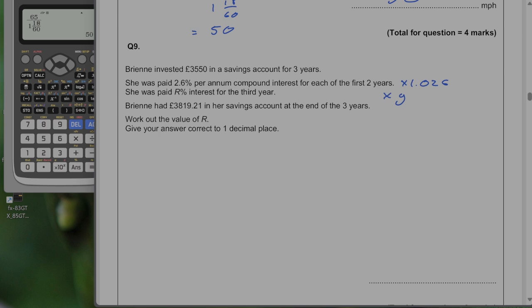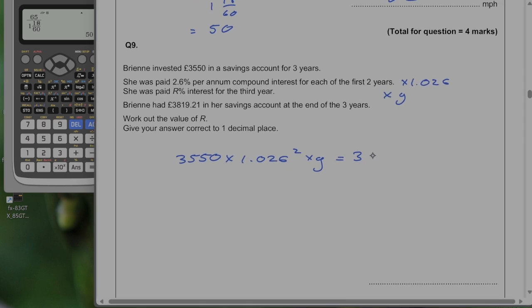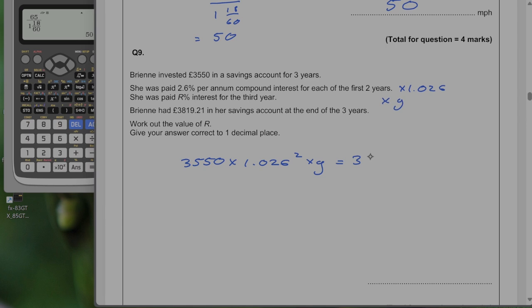It'll be 1 point something. Right, so 3,550 times by 1.026 for 2 years, times by Y is going to be equal to £3,819.21.